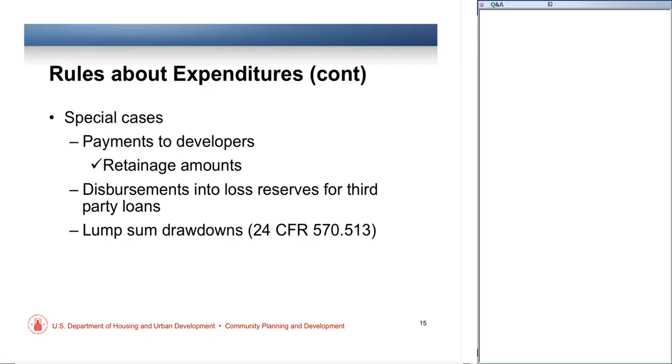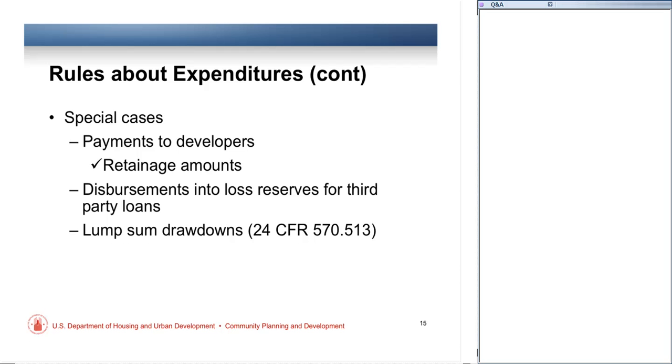And so, in order to support that guarantee, you might have set up a loss reserve, and the lender usually requires those kinds of reserves to be established, so they will know that there are some funds or a source for payment under the guarantee or credit enhancement given by the grantee or subrecipient.